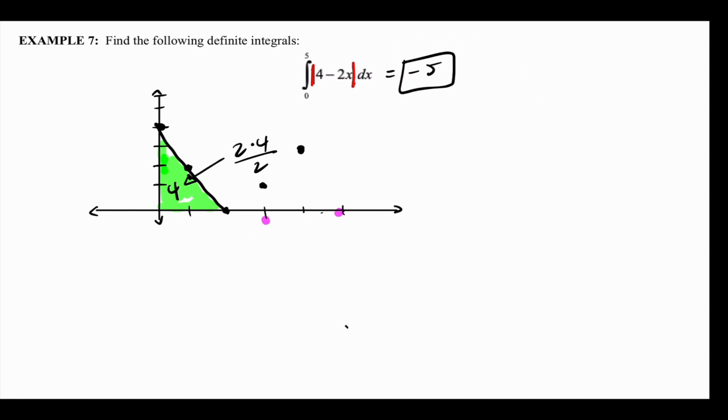Let's see. When I plug in 3, I get -2, so the absolute value is +2. Plug in 4, I get -4, so the absolute value is +4. Plug in 5, I get -6, the absolute value is +6.